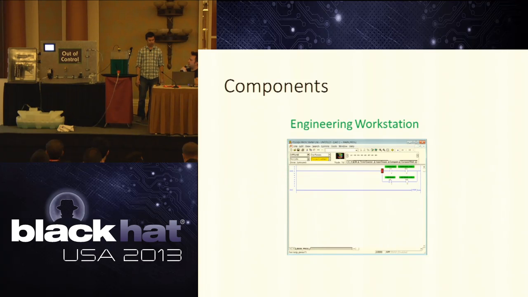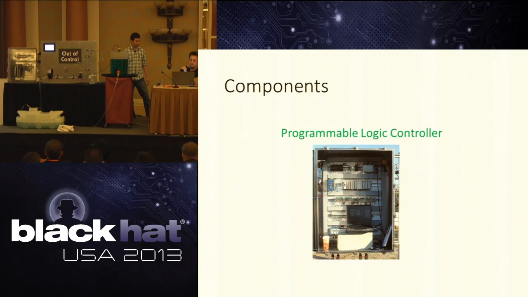An engineering workstation allows an engineer to modify the logic on a controller and really build the process. So this machine is really kind of the key to uploading or changing logic for the process.